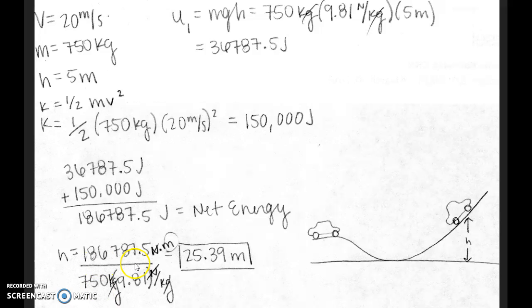And then we divide that by the mass, which is in kilograms, and gravity, which is newtons per kilogram. So the kilograms in the denominator cancel out, and the newtons in the numerator and in the denominator cancel each other out. So we're left with the height in meters, which turns out to be 25.39 meters.